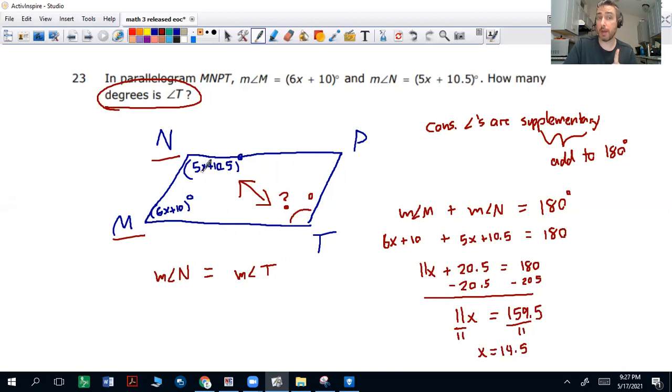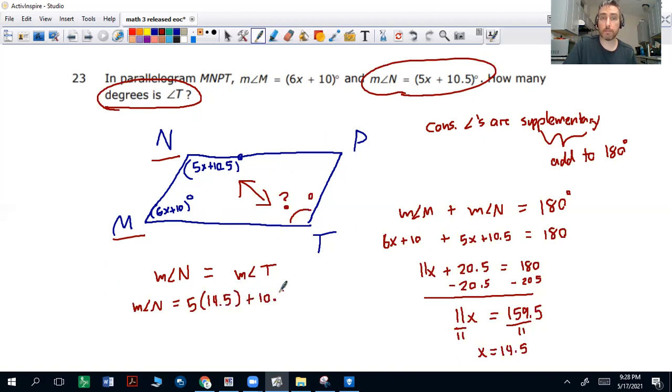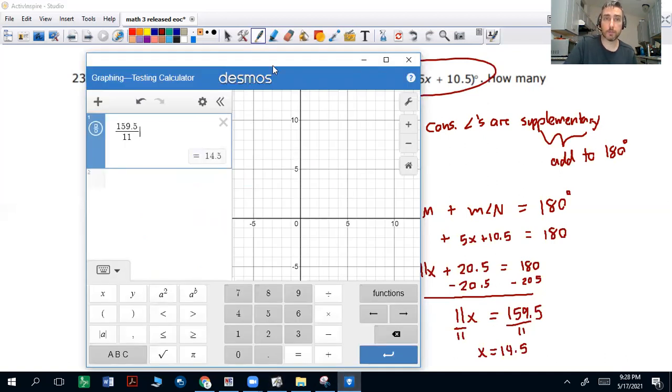So if I plug in my x value for N, I'm also going to get t. So let's plug in for N. Measure of angle N is equal to 5 times x, so 14.5, plus 10.5. What does that give us?